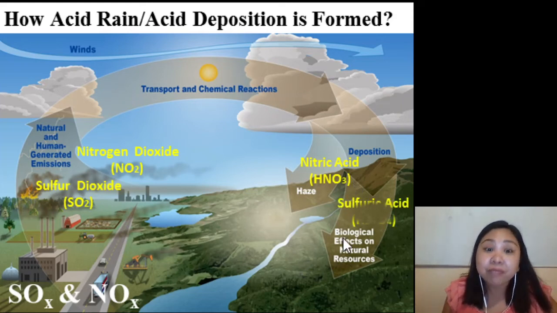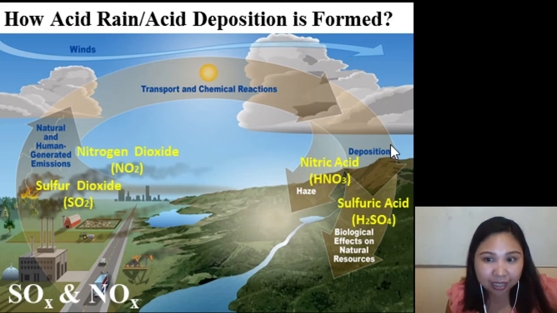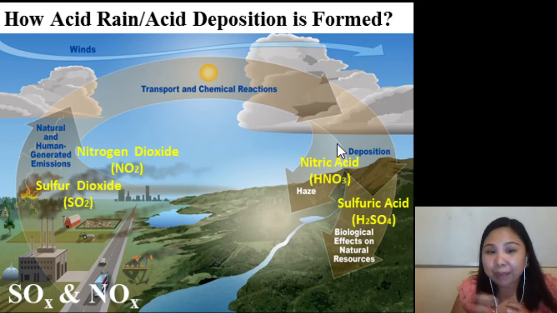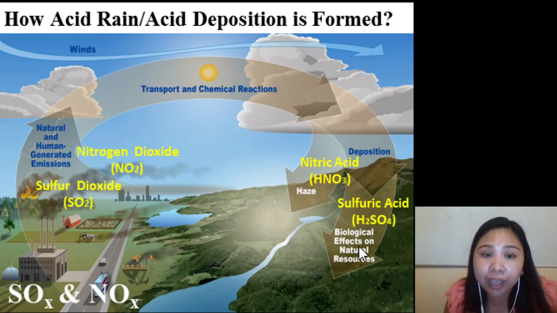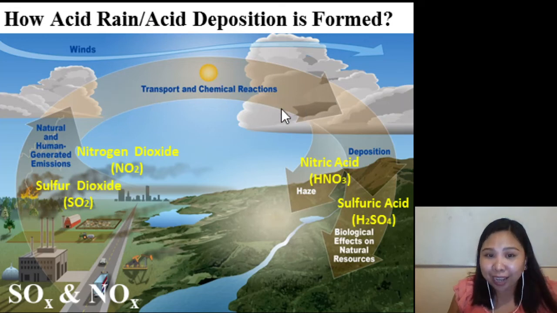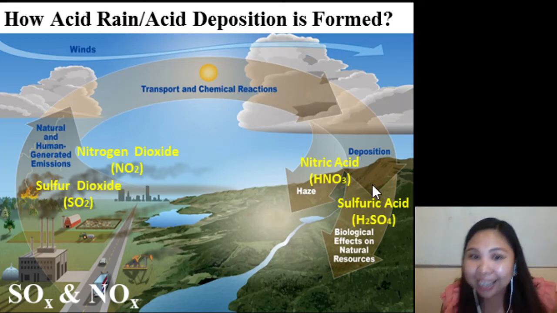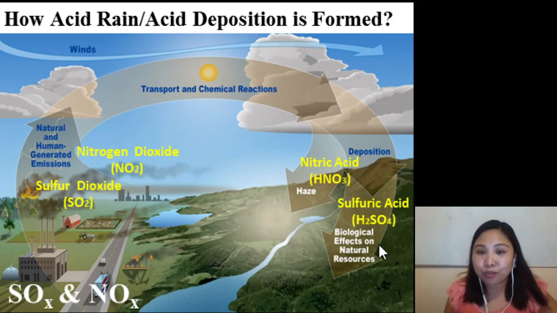And then, nagkakaroon din po ng sulfuric acid, H2SO4. So, these are weak acids. But kapag po sobrang dami na nito, it has biological effects on the natural resources. Etong mga chemicals na ito, whenever there is emission, na-transport siya and nagkaroon ng chemical reaction, then na-deposit siya sa surface, nakaka-produce siya ng nitric acid tsaka sulfuric acid.